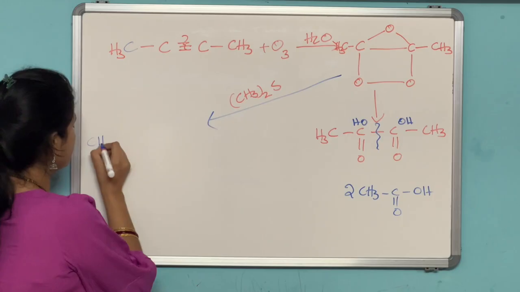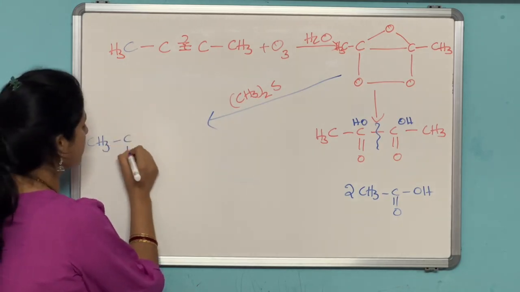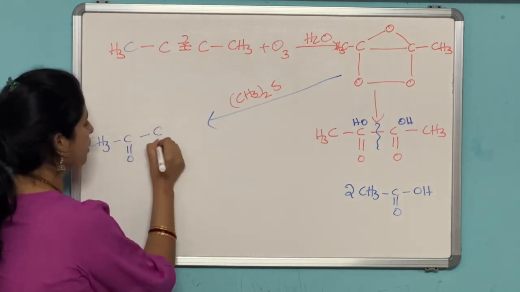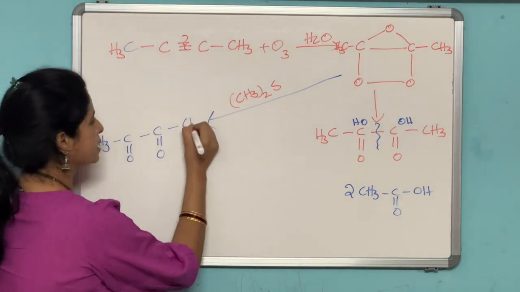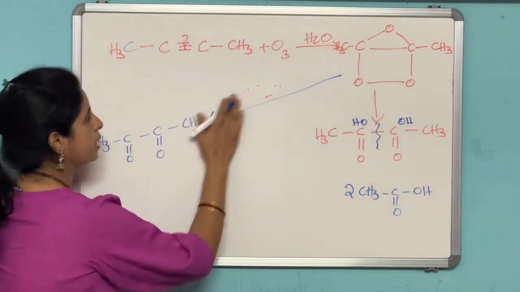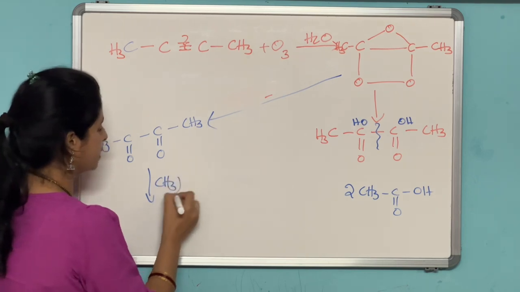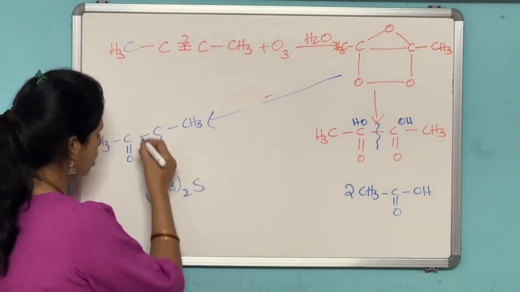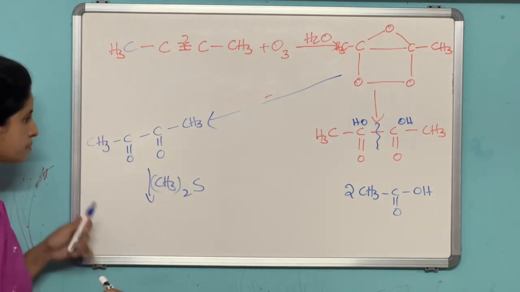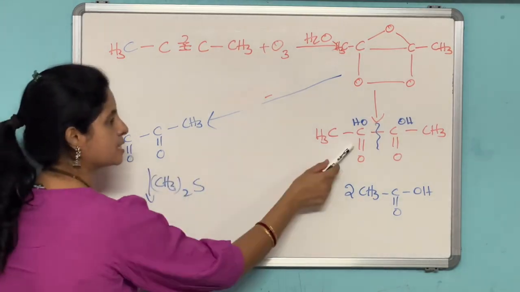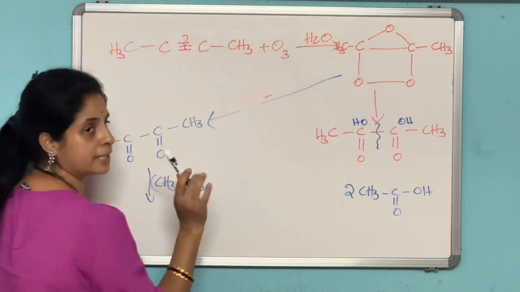So CH3 C double bond O, C double bond O, CH3. In both the cases, the product till here is the same.